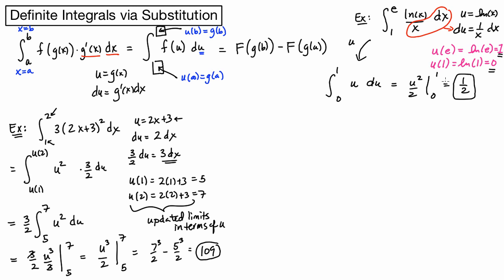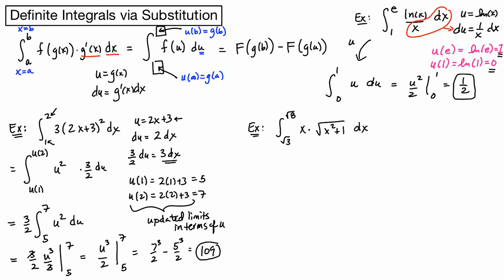So when you choose a substitution for a definite integral problem, you should be looking at not only how to make the integrand simpler, but also how to potentially make the limits of integration simpler. So this last example will demonstrate that again. We're going to look at the integral from square root of 3 to square root of 8 of x times the square root of x squared plus 1 dx.